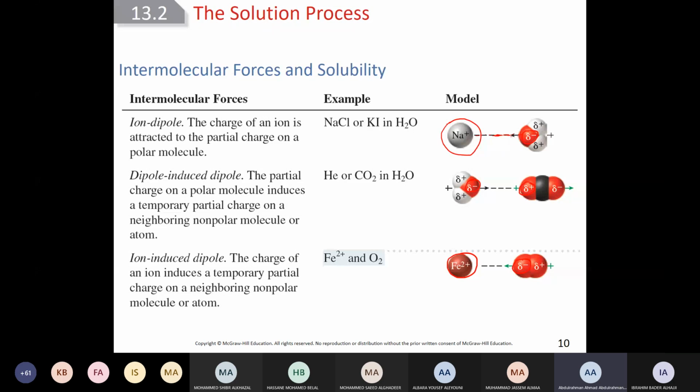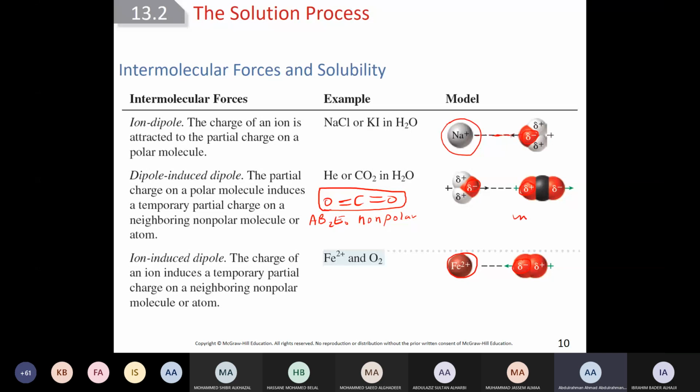Helium or CO2 dissolve in water. CO2 is AB2E0 by electron domain. Is it polar or non-polar? Non-polar. If it's non-polar, this means it has no charges. How come it dissolves in water?